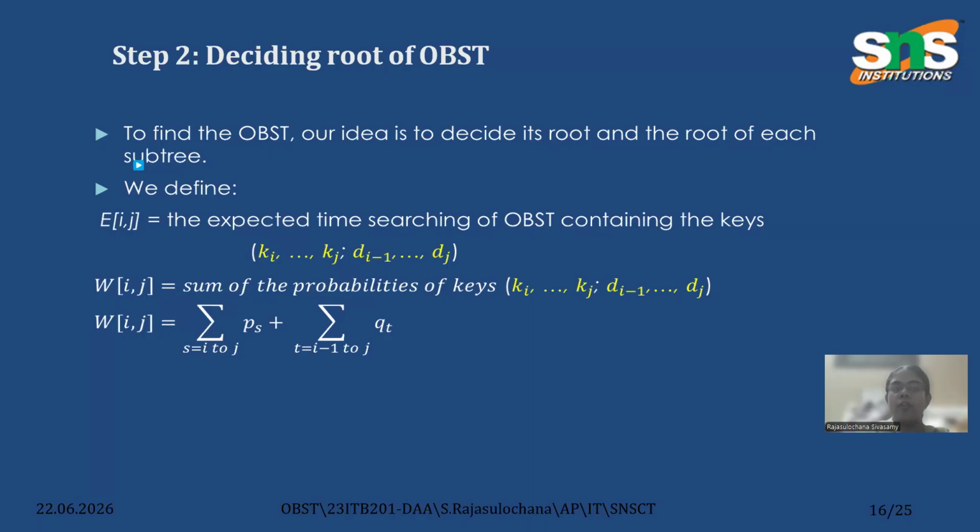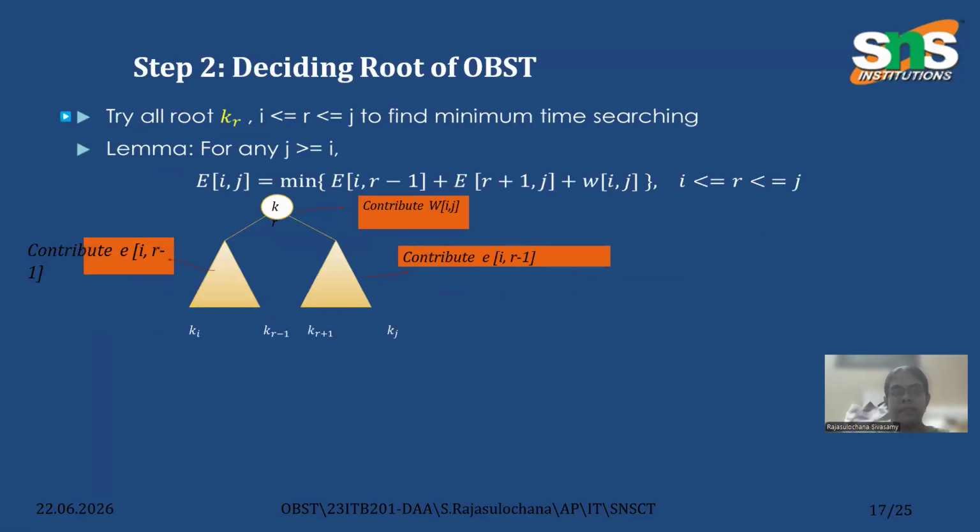Here, e of i, comma j is the expected time of searching the OBST that contains the keys ki to kj. Weight of i, comma j is the sum of probabilities of the keys. Next, you have to try all the roots to find the minimum searching time. For any j greater than or equal to i, you have to find e of i, comma j, which is the minimum of the values.